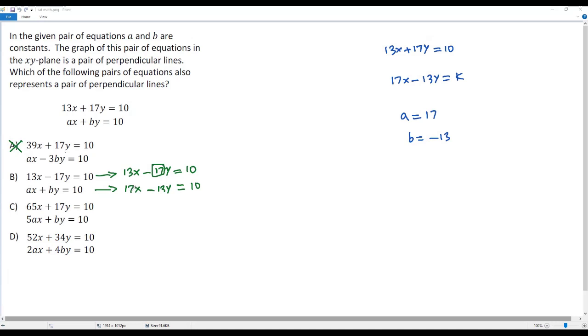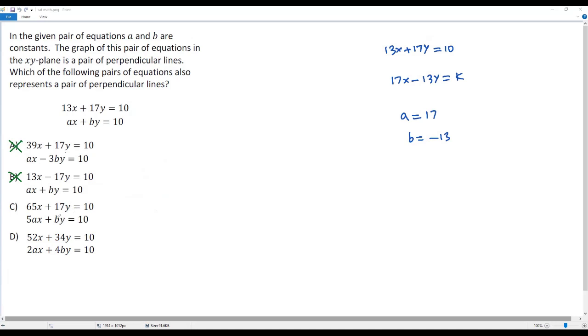This should be taken as the coefficient of x. Here we have 17 as the coefficient of x. The number in front of x, 13, should be taken as the coefficient of y. Here we have the same thing. And here we have a negative sign. Then in this equation, we must have a positive sign over here. But here we get a negative sign. So the two equations in answer choice B cannot be perpendicular. We can reject answer choice B.